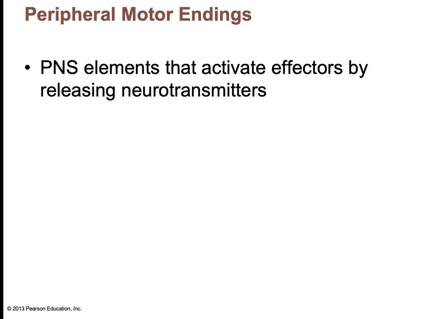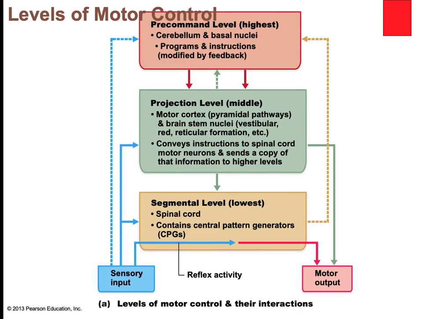Okay, peripheral nervous system elements activate effectors by neurotransmitter release, and this is an example of what we call a chemical synapse, where we have an axon terminal that is a short distance removed from the surface of the target, right? And it's the release of the neurotransmitter onto the surface of the target that is going to create electrical changes on the membrane that could lead to an action potential.